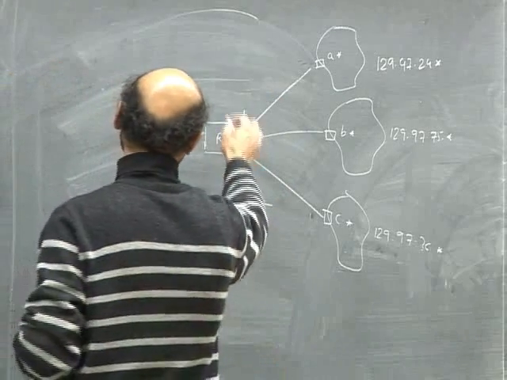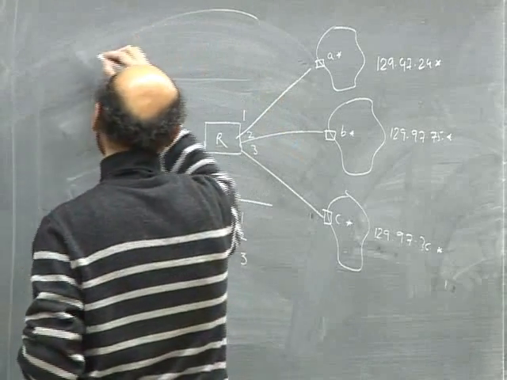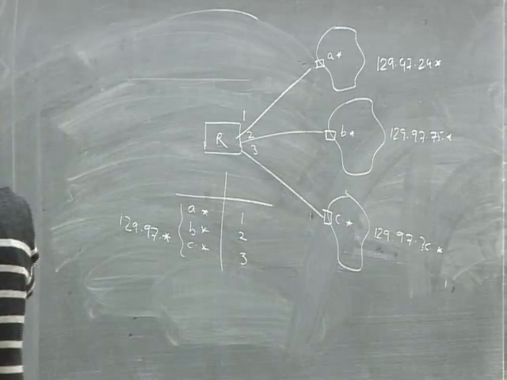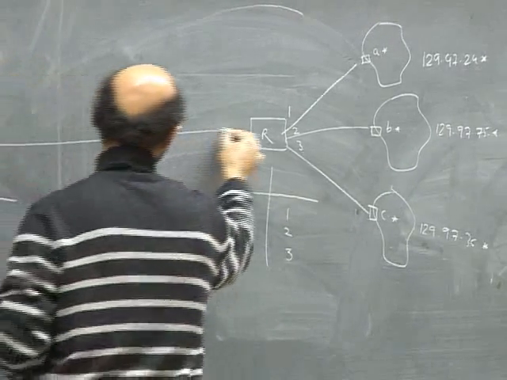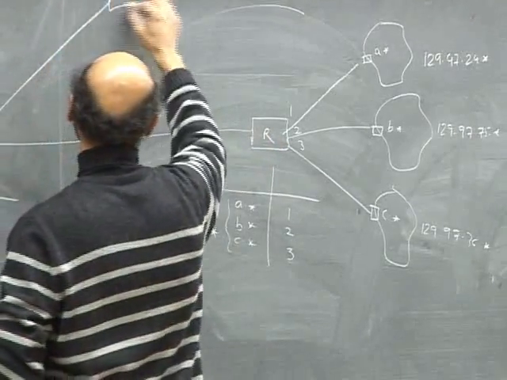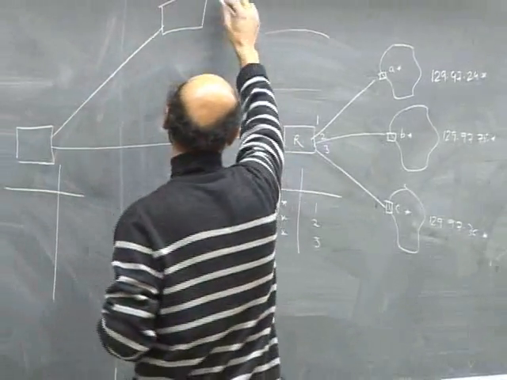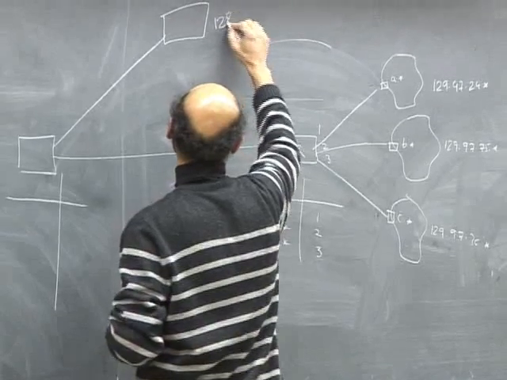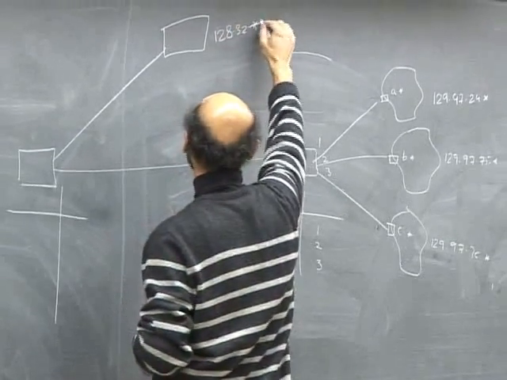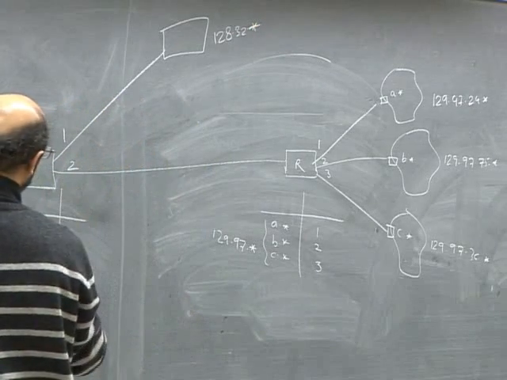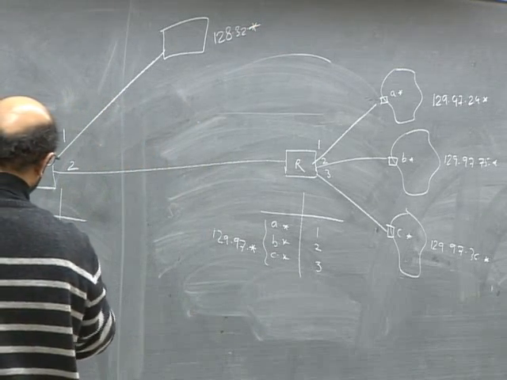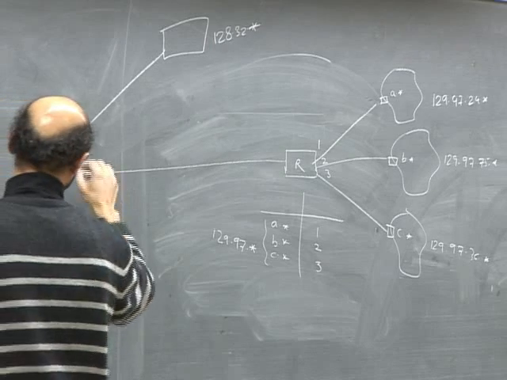Now, some other router elsewhere, somewhere over here, just needs to have one entry. Let's say it goes here, and this one is like that, and this one is similarly arranged to be something like 128.32 star. This router's table says 129.97 star, send it to port 1.